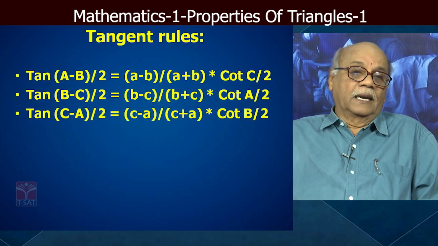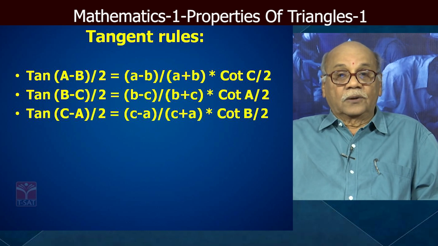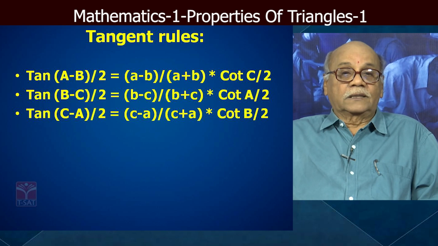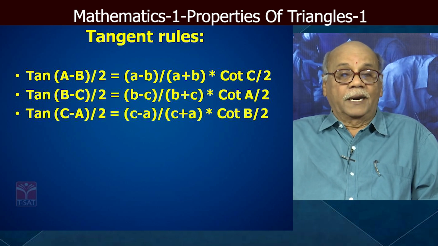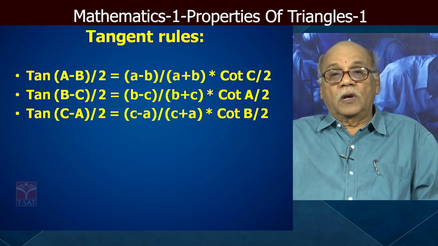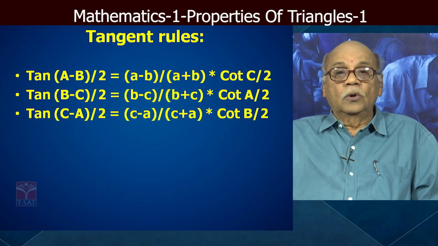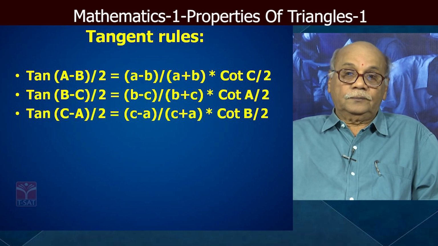Now another one is what is called the tangent rule or Napier's analogy. Namely, in a triangle ABC, tan of (A minus B) by 2 is equal to (a minus b) by (a plus b) into cot C by 2.